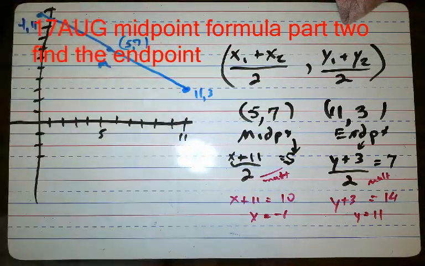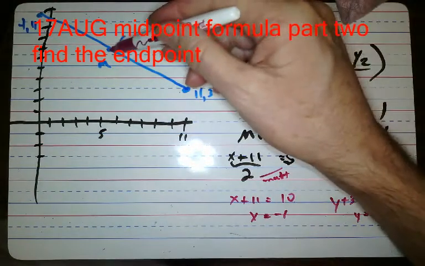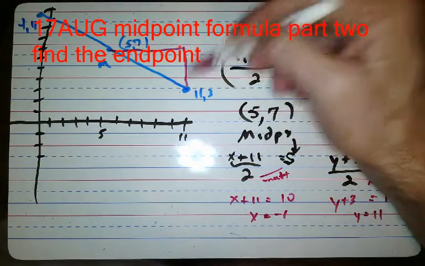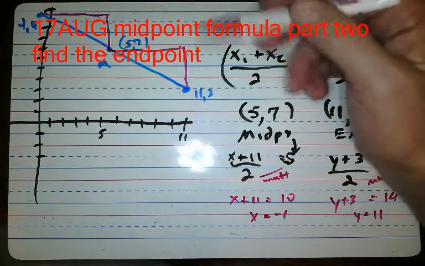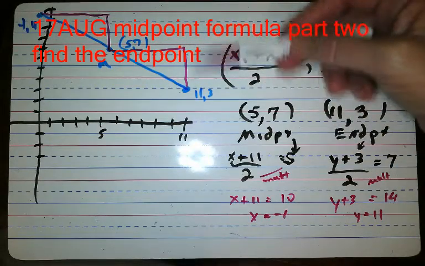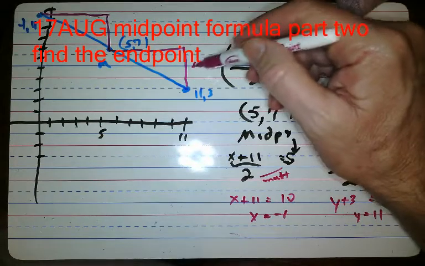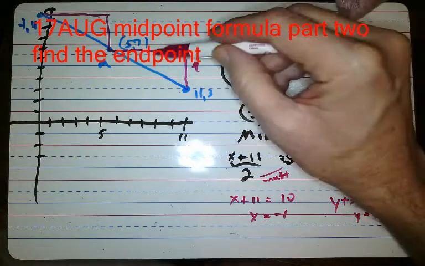-1, 11. Now let's check it the way we checked the other one. So we do our little right triangle and another little right triangle. Remember, the distance has to be the same. From 7 to 3, I'm looking at the y distance. From 7 to 3 is 4. And then from 5 to 11, that's 6.